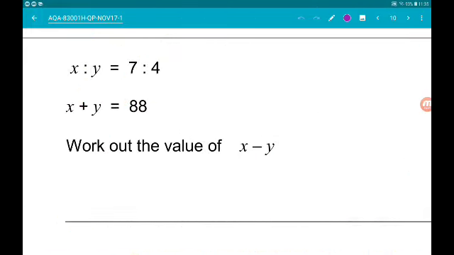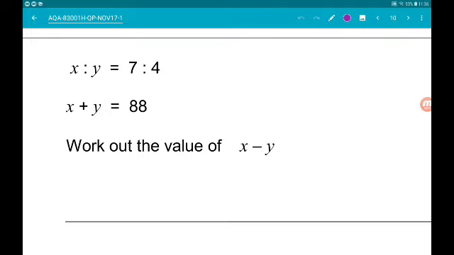Okay, question 13, nice bit of ratio. So x to y is 7 to 4. x and y sum to 88, and we want to work out the value of x minus y. Okay, so x to y being 7 to 4 is the simplified ratio.